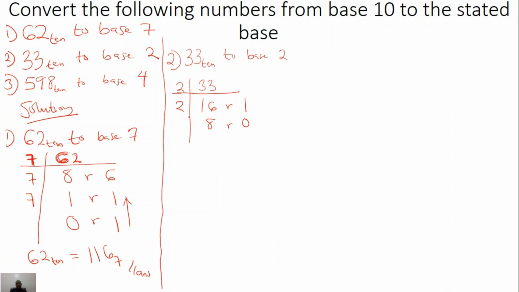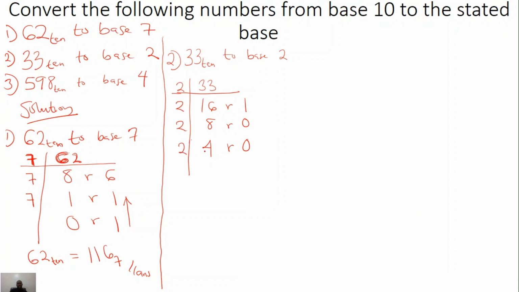Okay, let's divide it again. 8 divided by 2 is equal to 4. 4 times 2 is equal to 8. Remainder 0.